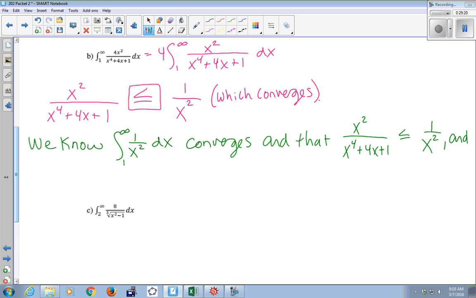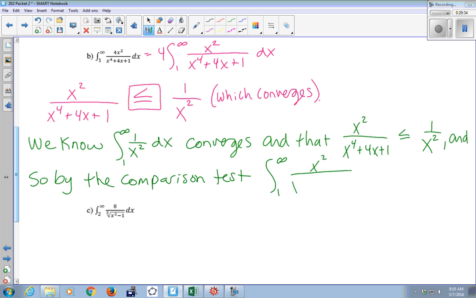And so by the comparison test, the integral from 1 to infinity of x squared over x to the fourth plus 4x plus 1 dx also converges.